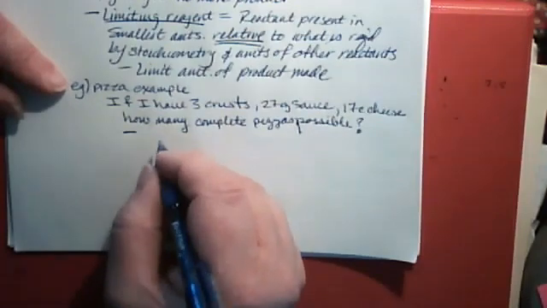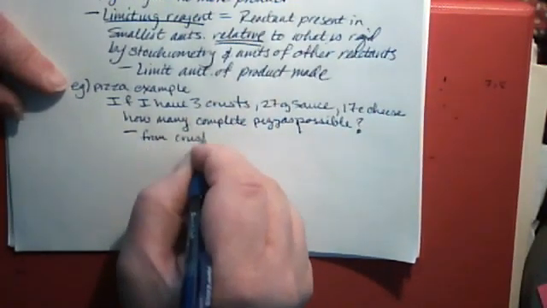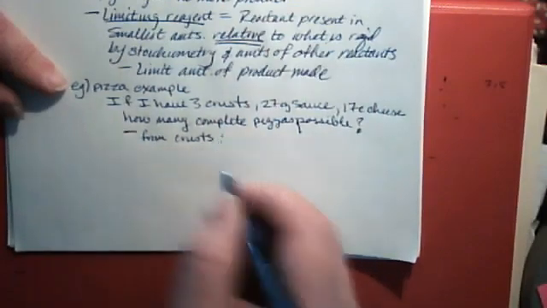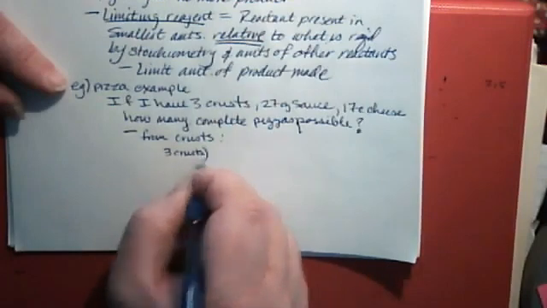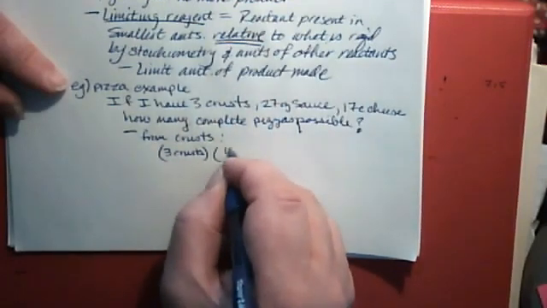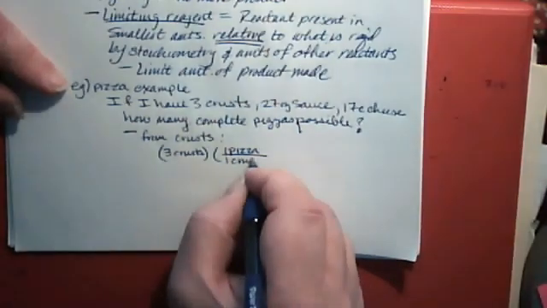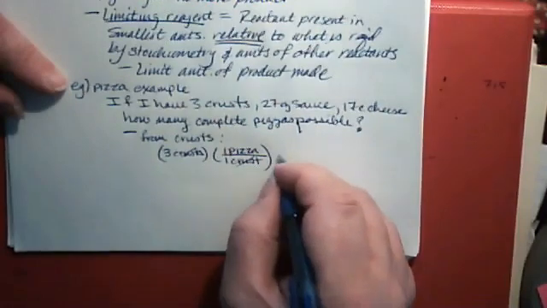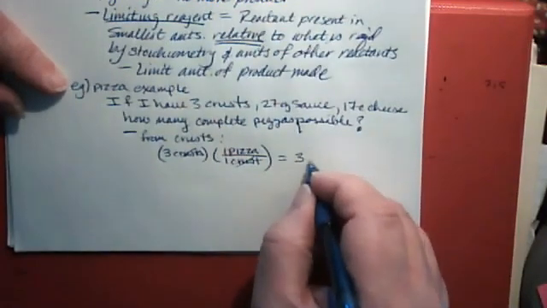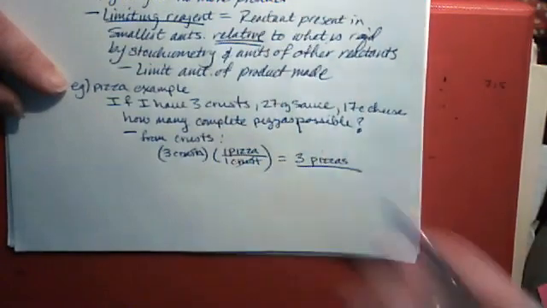Okay, so from the crusts, we've got 3 crusts, and we know we can get one pizza for every one crust. Notice the crusts cancel, and we get pizzas as a unit for the answer. And note, not surprisingly, that's 3 pizzas.